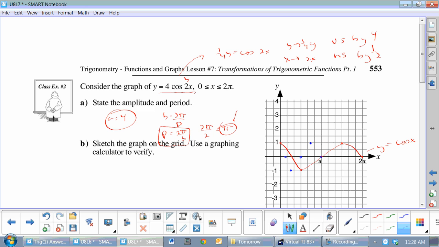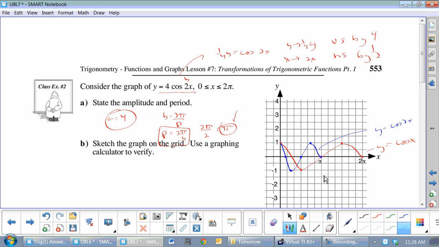So after I've done a horizontal stretch by a half, this is the graph y equals cos 2x. Everybody see what I'm doing here? Now, what would y equals 4 cos 2x?